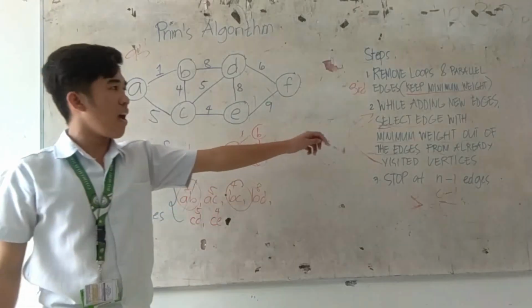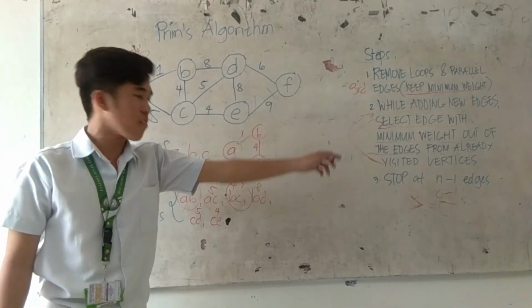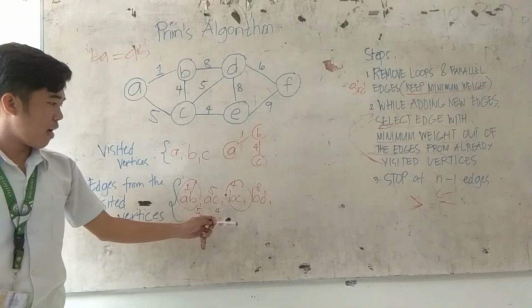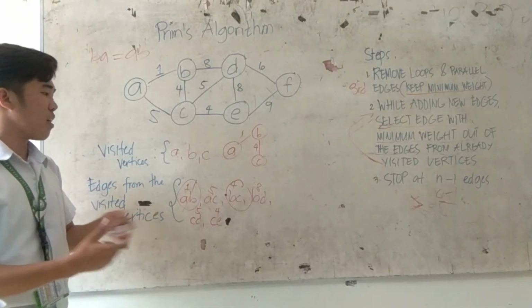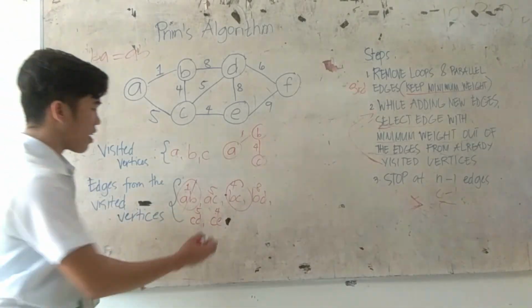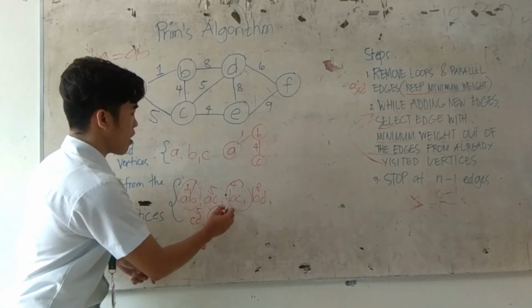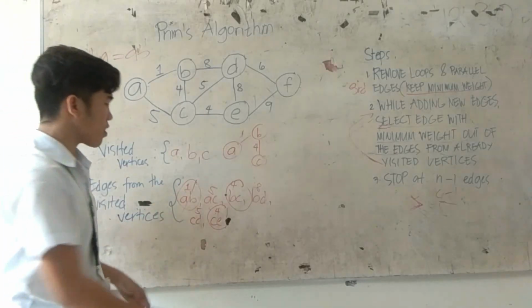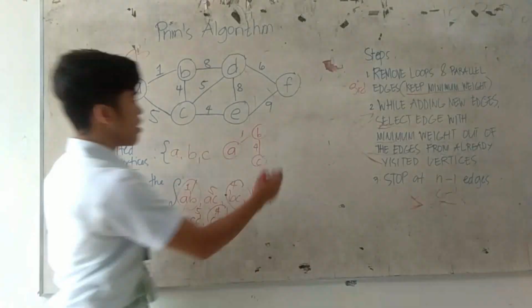Now let's select the minimum weight out of these edges. So the minimum weight here is 4. Now let's select CE. And then we write it to our spanning tree. CE.